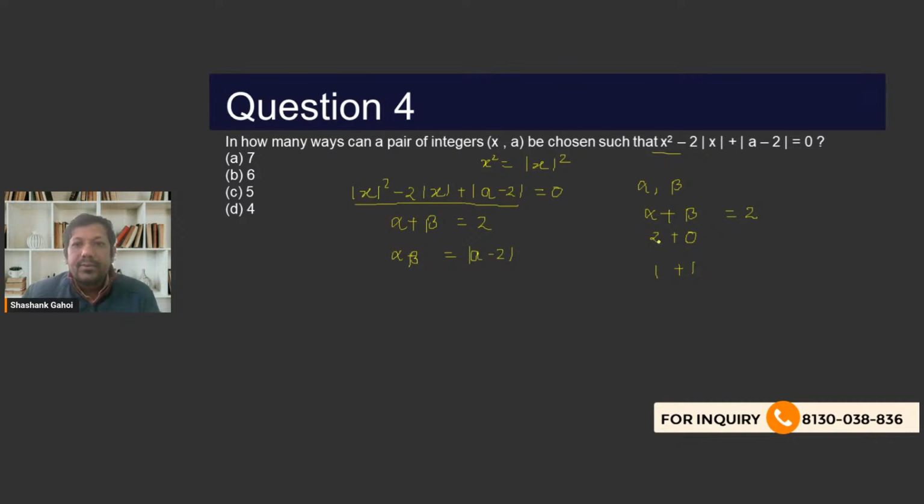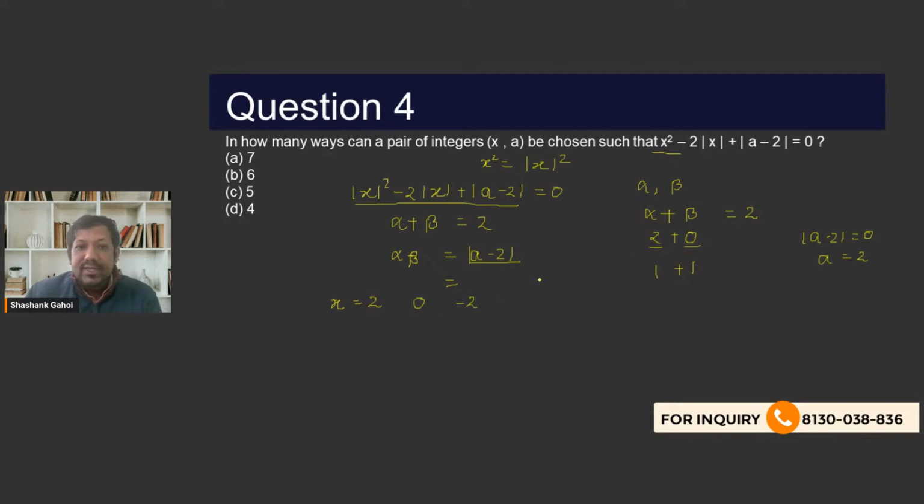So if one root is 2, second root is 0, it means product of roots should be 0. If product of roots is 0, then mod of a minus 2 should be equal to 0. It means value of a comes out to be 2. So it means mod x can be 2, mod x can be 0, and it is not x, it is mod x, so x can also be minus 2.